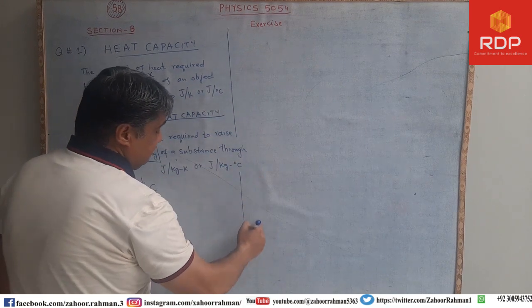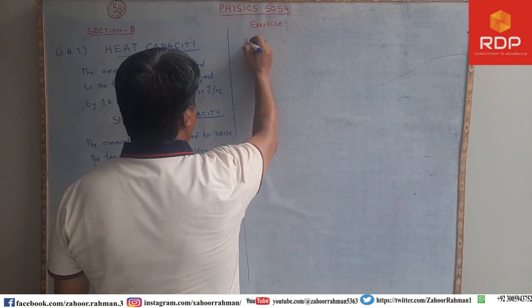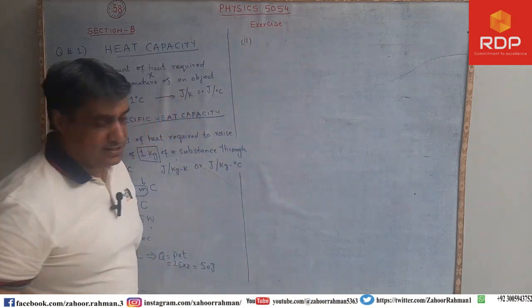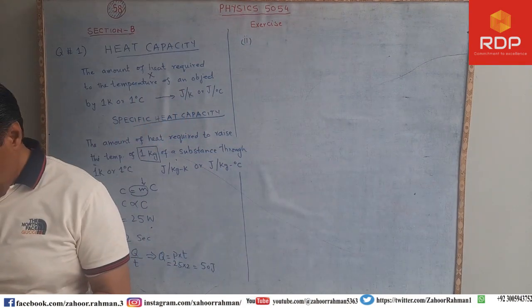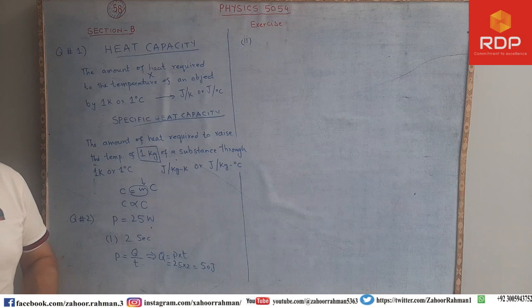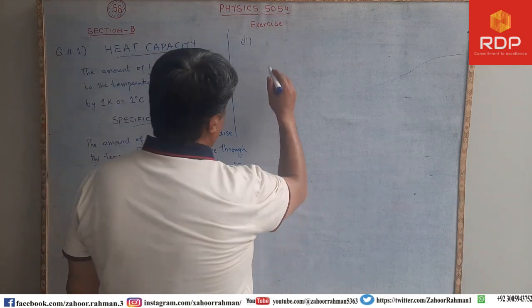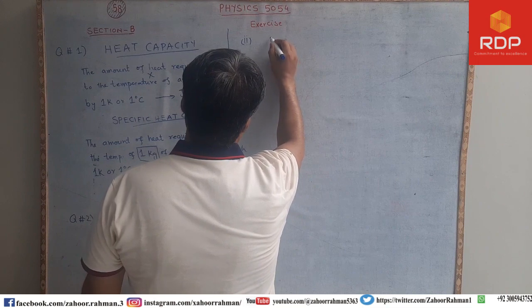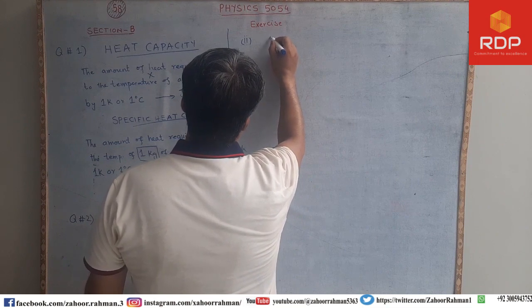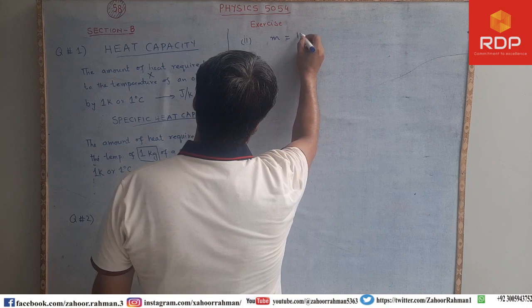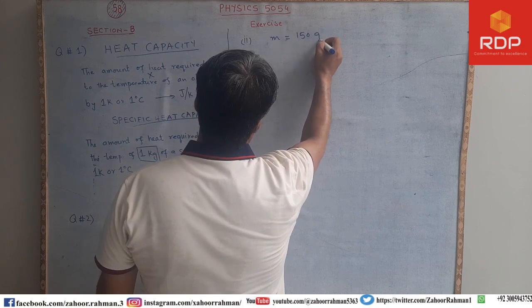Now, ladies and gentlemen, the second part of this question is asking about the rise in temperature of 150 gram, so m is equal to 150 gram.